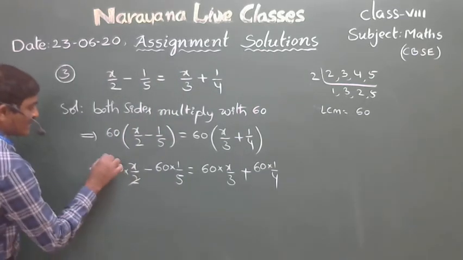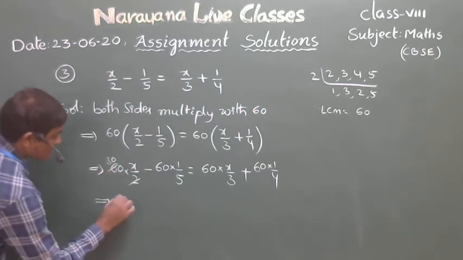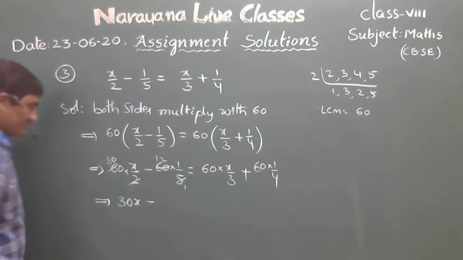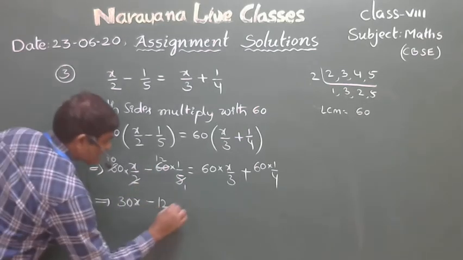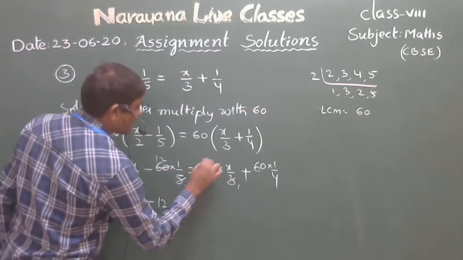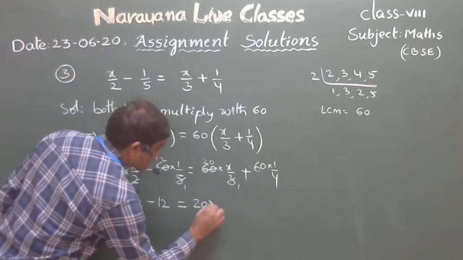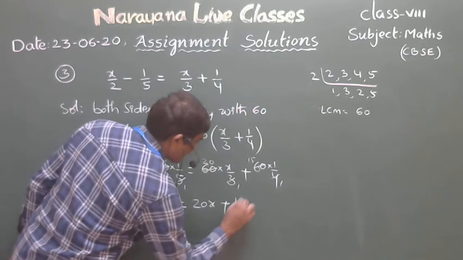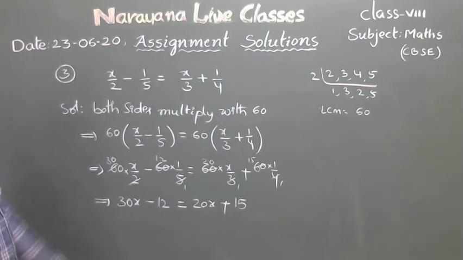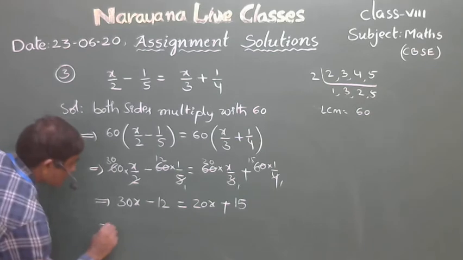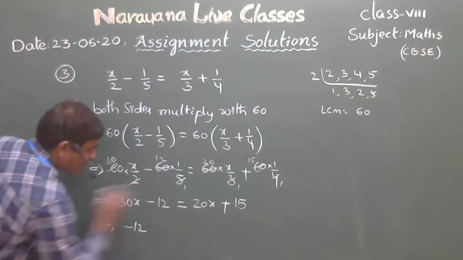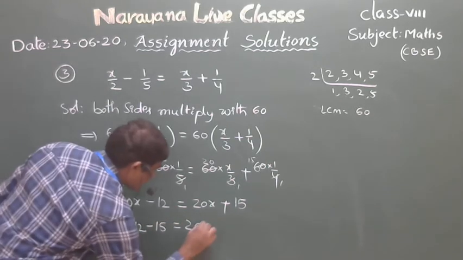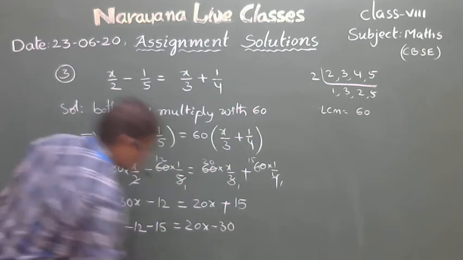Now 2 ones are 2, 2 thirties are 60, which gives 30x, 5 ones are 5, 5 twelves are 60, minus 12, is equal to 3 ones are 3, 3 twenties are 60, 20x plus 4 ones are 4, 4 fifteens are 60, plus 15. Now all the variables will be transformed to one side, which gives minus 12. This plus 15 will be transformed as minus 15 equal to 20x minus 30x.